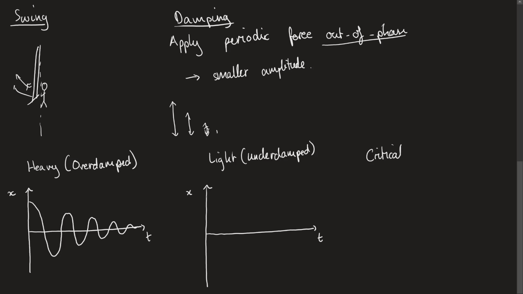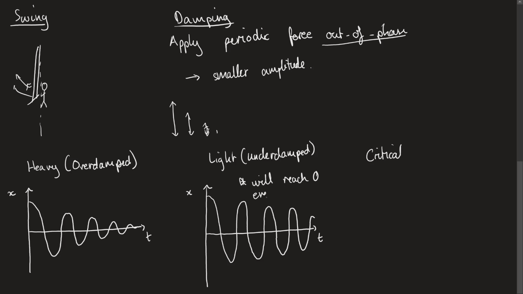So you're going to end up with something that's going to take a longer time, something more like this. Okay, so notice the amplitude is decreasing, but it's just going to take a lot longer, and it will eventually reach 0.